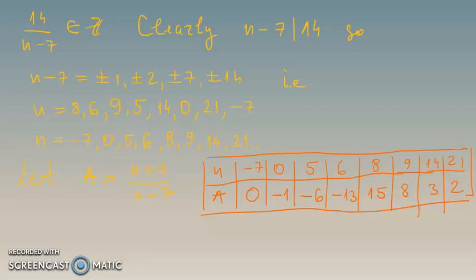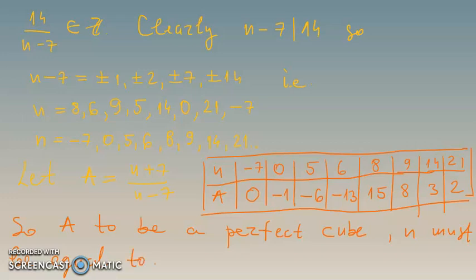But because of the second remark that A must be a perfect cube, let's see what are the possibilities when A is a cube.